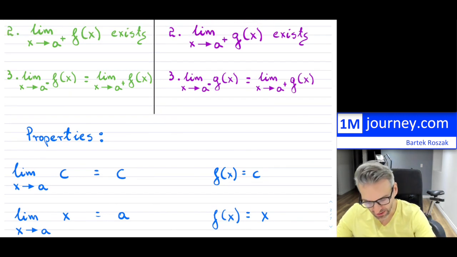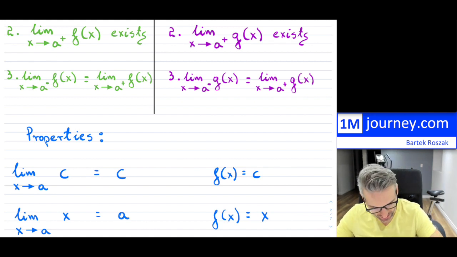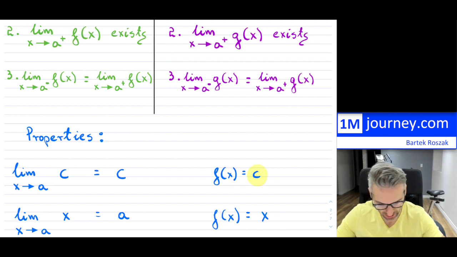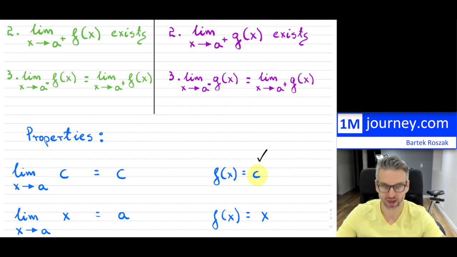The first property occurs when we're trying to find the limit of a function which is just a constant. So notice the function is c, right? So f of x is equal to c. And when the function is just a constant, which really means if you graph it, it would be just a flat line at c.